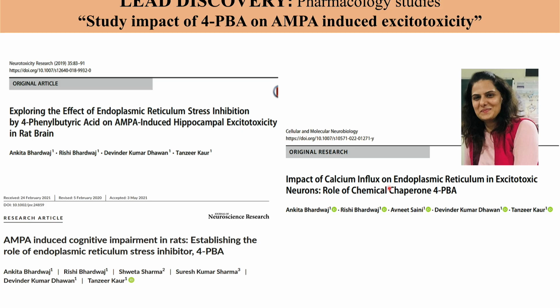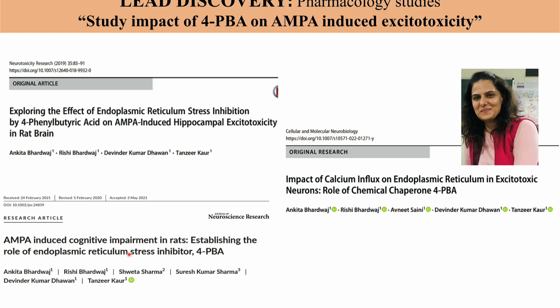It maintained calcium influx and endoplasmic reticulum stress, and it also improved the cognitive abilities of the animals in excitotoxicity. So, it seems to be a very good lead target. If we consider aggregation as a target and we want to prevent aggregation of molecules, then PBA becomes a very good lead molecule.